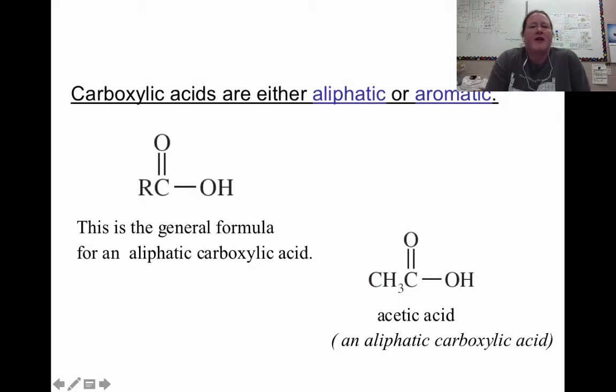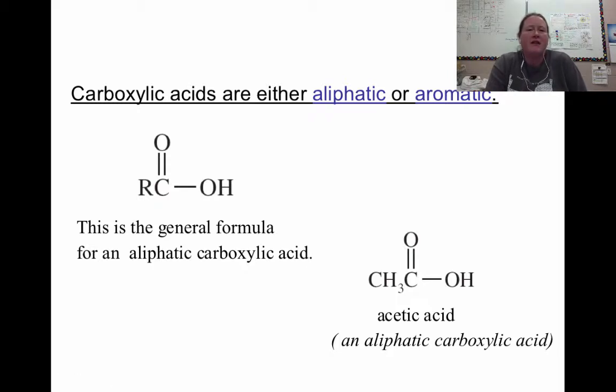So carboxylic acids can be either aliphatic or aromatic. Now what that means is the aliphatic carboxylic acids are just regular straight and branched chains with the carbonyl group stuck on the end.